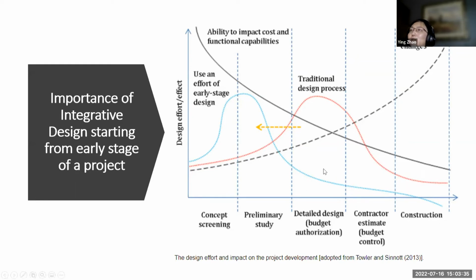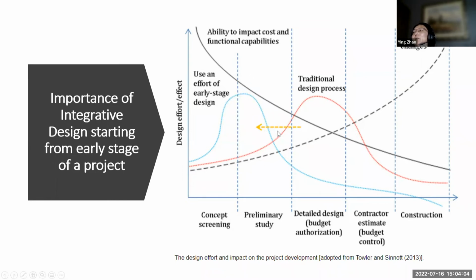So the intent of integrated design starting from the early stage is to move the curve, the red curve of the traditional design process, which puts most effort in design development and construction documents, to the preliminary and schematic design, to make sure everything is good and do more analysis.